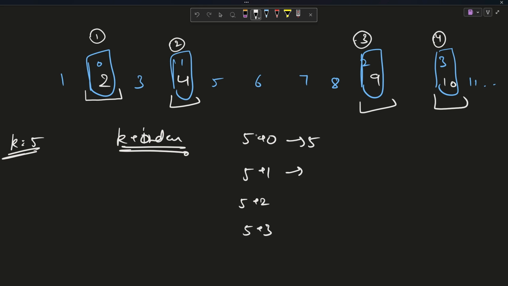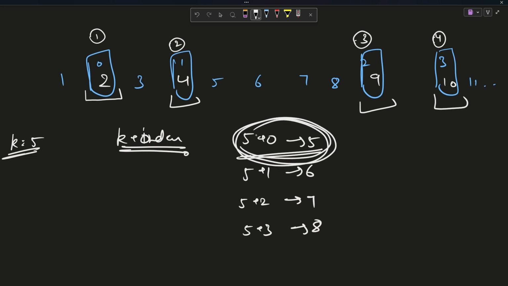That is 5, 6, 7, 8. If I am writing 5 plus 0 equals 5, what I am trying to say is, if this value is exceeding the value present here, that is 2, 4, 9, 10, then what is actually happening?